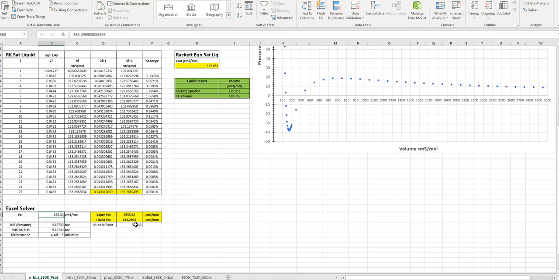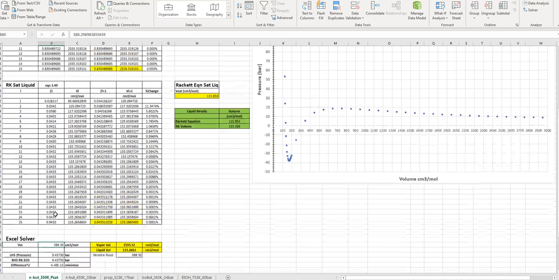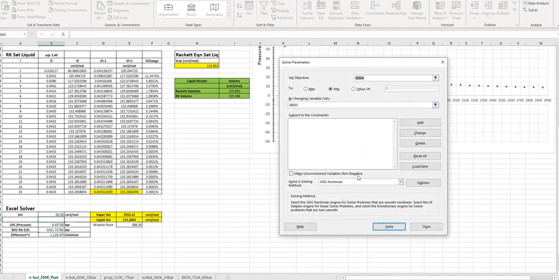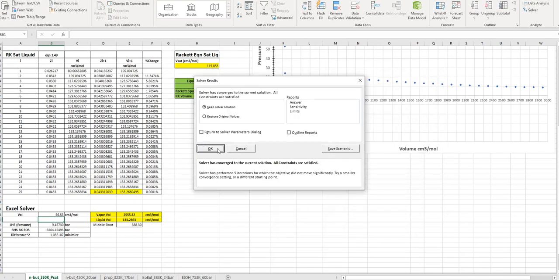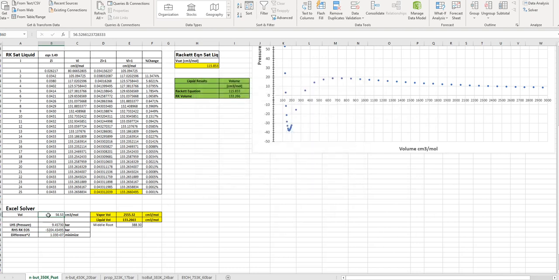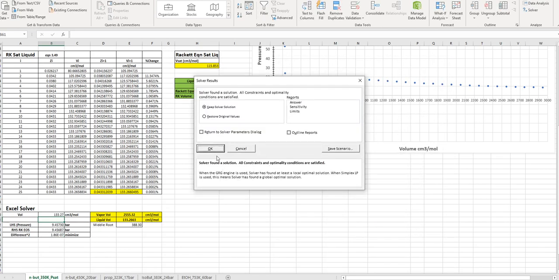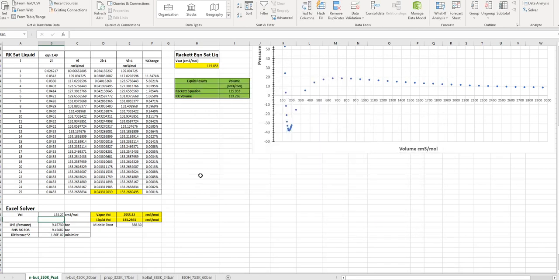It turns out 388 is the middle root. So what do we need to do? Let's guess a value of 50. Solver is a little difficult here; these cubic equations of state are difficult to work with. All right, now we get a value that makes sense.